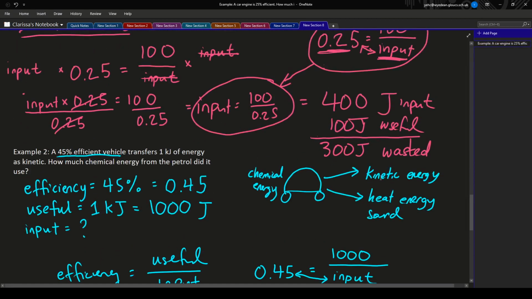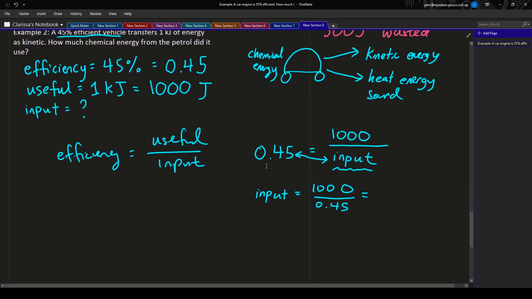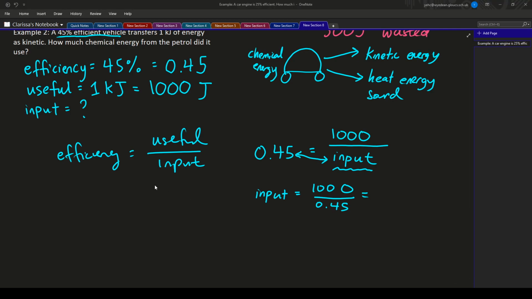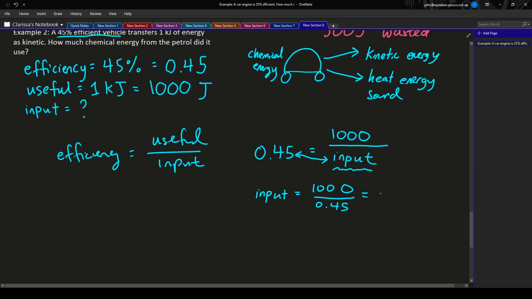You're doing both at the same time, rather than needing to do all of the steps of the crossing out and everything. So 1,000 over 0.45 is a crazy number, 222 and so on. I'm just going to round it. So that should have been 2,222 joules of chemical energy.